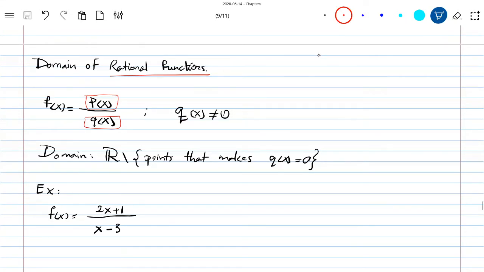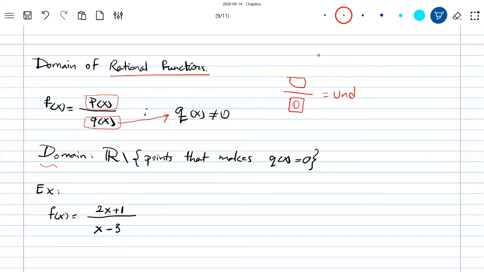And if you remember, I mentioned that if you have a fraction, the only time that this fraction is undefined is when the denominator is 0. The numerator could be 0, that's not a problem, but if the denominator is 0, you definitely have an undefined fraction. So if q of x, which is the denominator, is 0, then you have an undefined value.